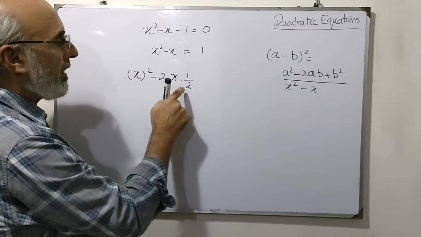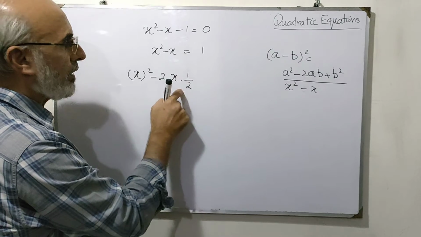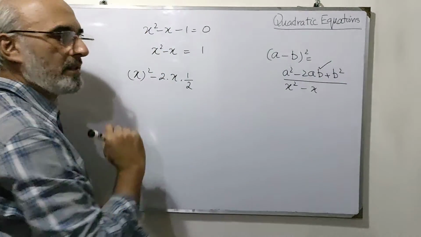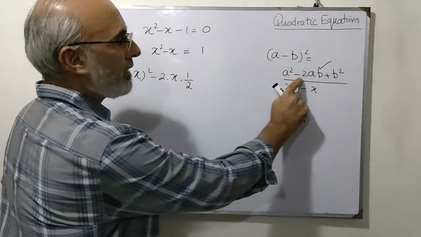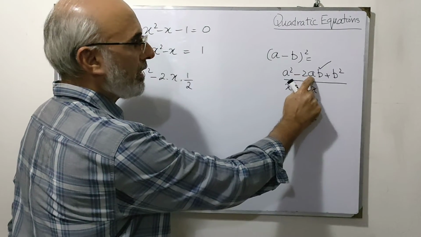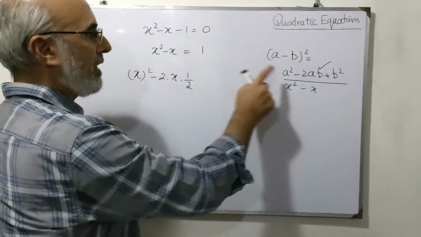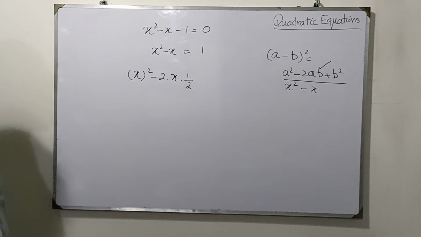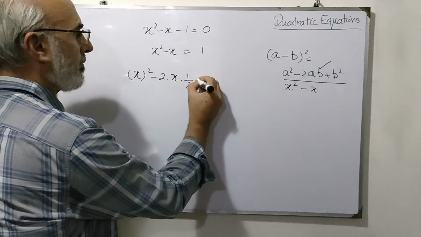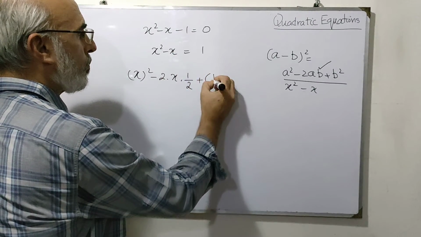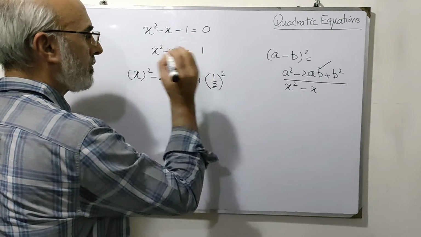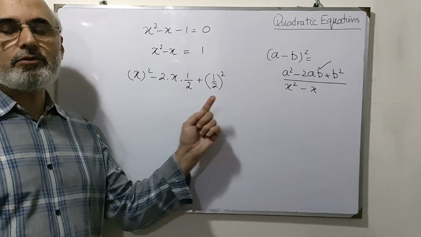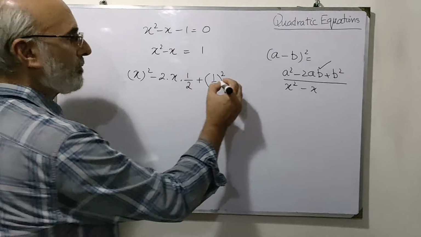Now if I'm multiplying this with 1 over 2, it means that this b is basically 1 over 2, because minus 2 into a is x and this thing is b. And plus 1 over 2 square. Now I have introduced this, so I'll be subtracting this also.